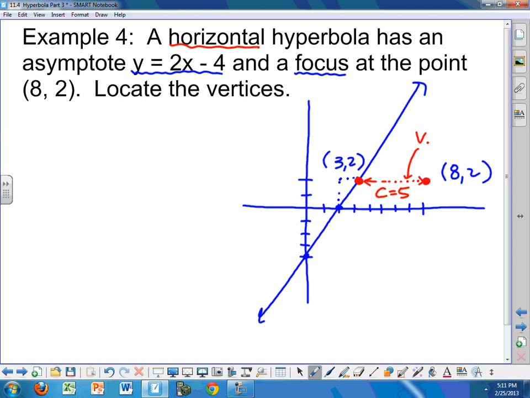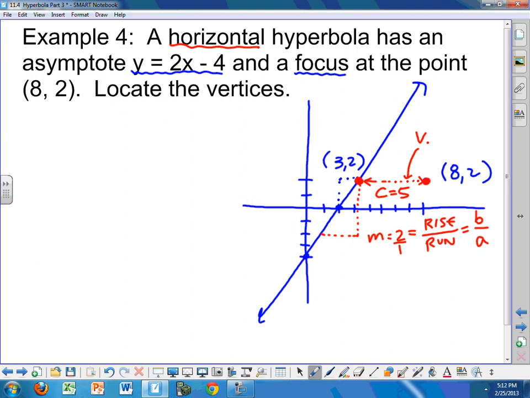The slope of this line, m equals 2, and that equals rise over run. Now, in the case of a horizontal hyperbola, the rise is b and the run is a, because a is going to the vertices.